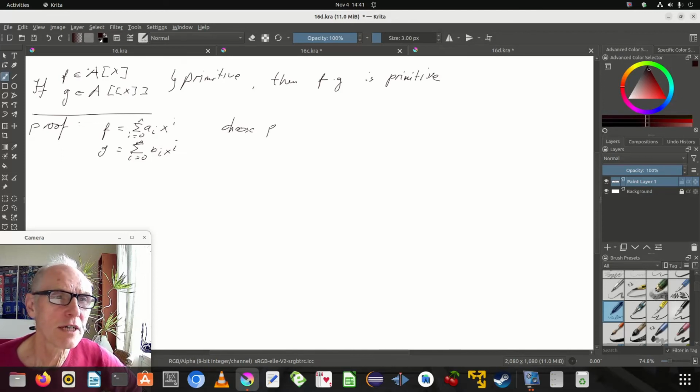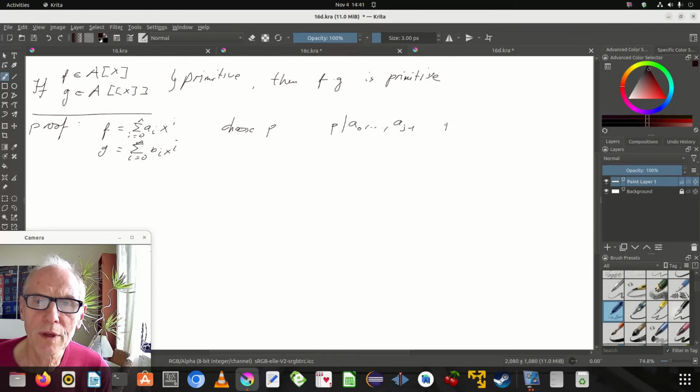If it's a unique factorization domain, then it's irreducible. I don't know if irreducible is the same as prime in a UFD, really. That means that we have some coefficient that p doesn't divide, and so we choose a_j to be the smallest. So p divides a_0 up to a_(j-1), and p doesn't divide a_j.